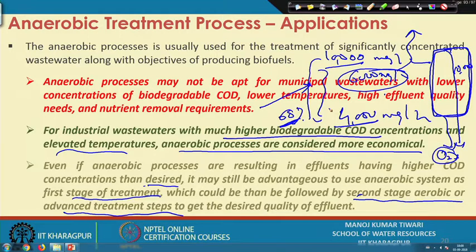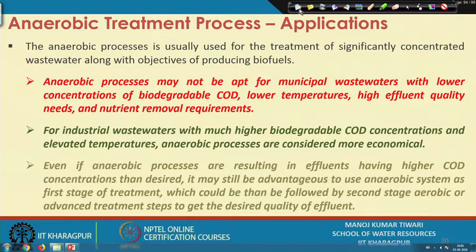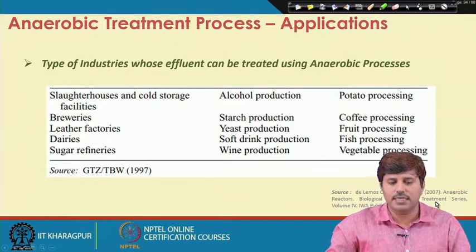Okay, and that is how it is being used in the industry. Many industries are using USB to begin with, or an anaerobic process to begin with, and then go on to the aerobic or advanced process for producing effluent of the desired quality. Okay. But again, that way also it is always helpful to work in that range.